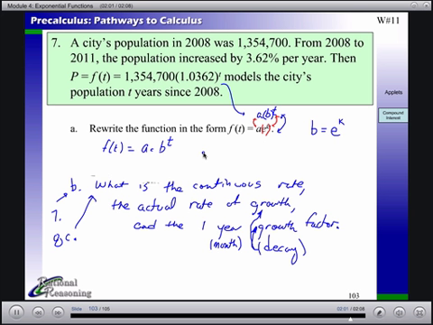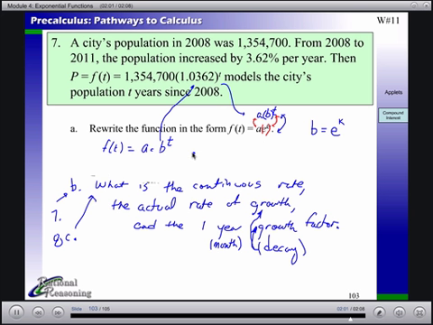So if I want the population 10 years later, I'm going to take the old population and multiply it by b 10 times, or by the 10-year growth factor, which would be b to the 10th. That's kind of review stuff. So b is this number right here.